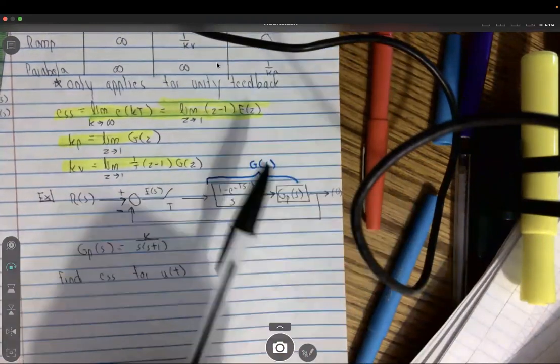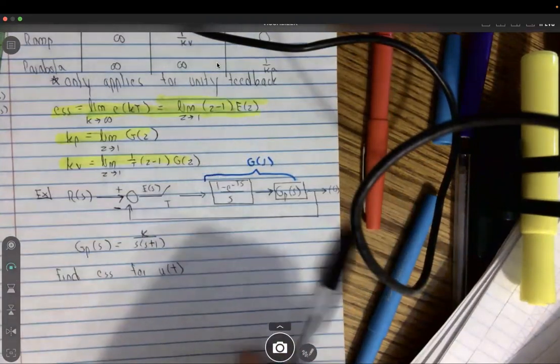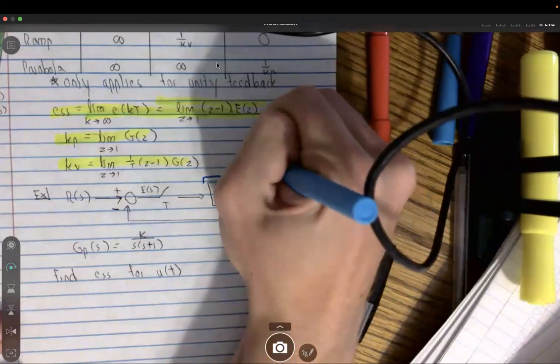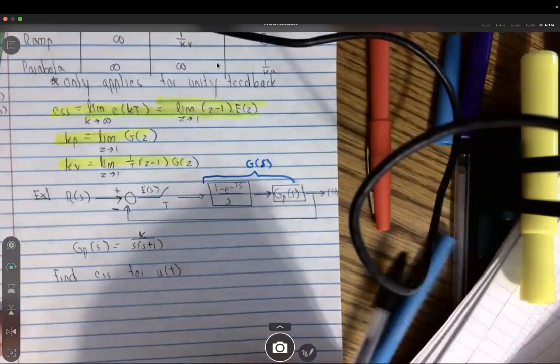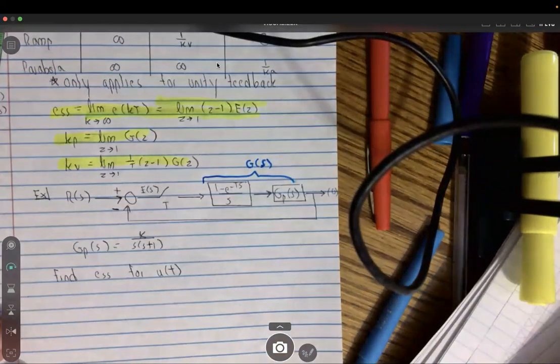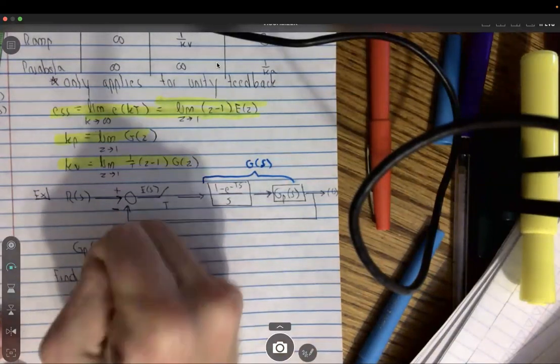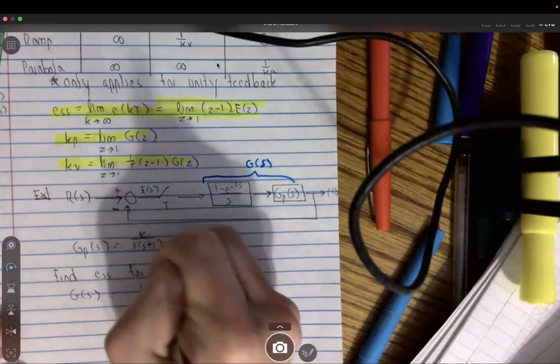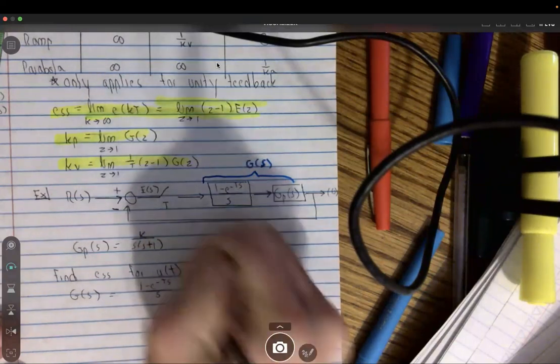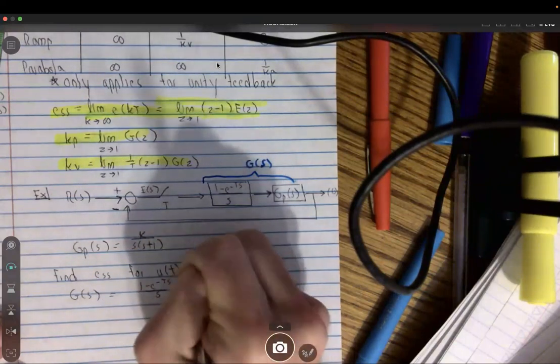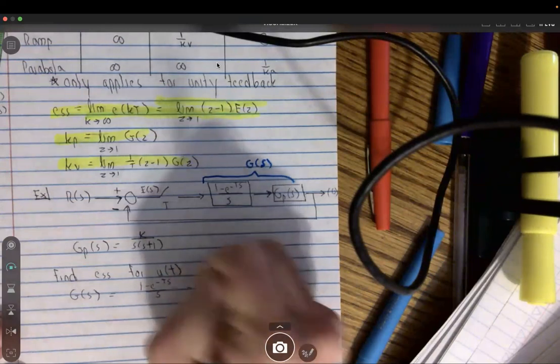But here we just have these. So our G of S for our definition here would be equal to 1 minus e to negative Ts all over s times K all over s times s plus 1, okay?